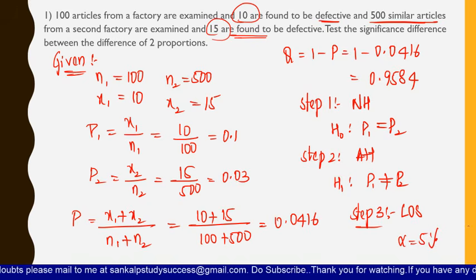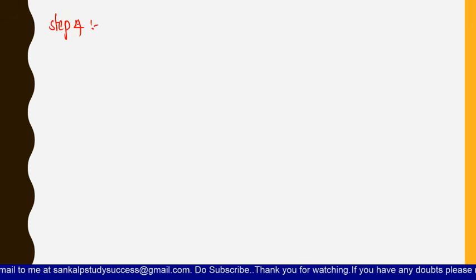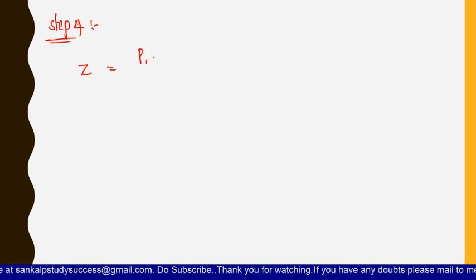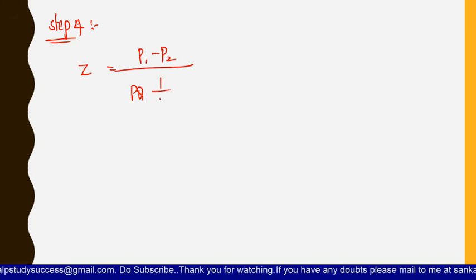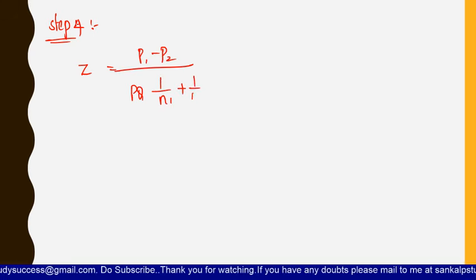Now step 4 becomes the test statistic, right? Step 4, here the formula becomes Z is equal to P1 minus P2 by the square root of PQ of 1 by N1 plus 1 by N2.